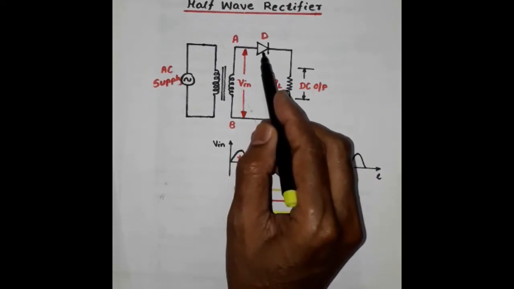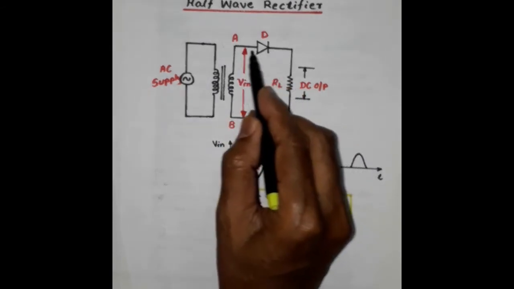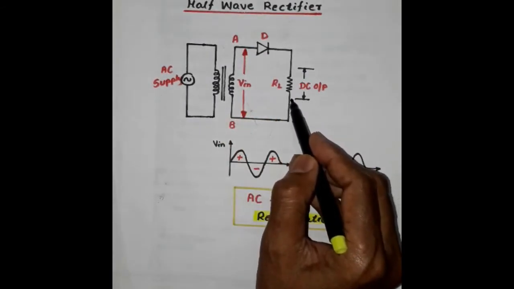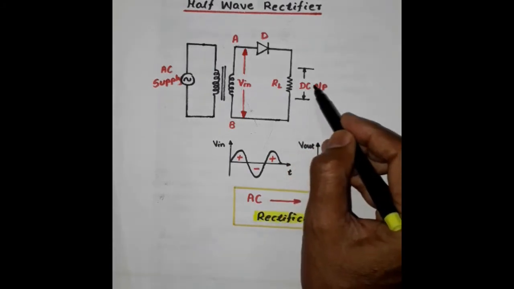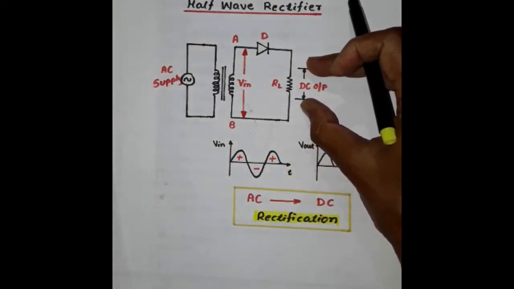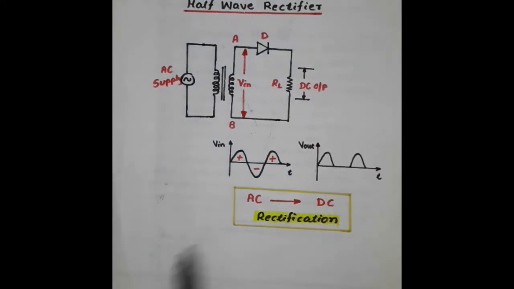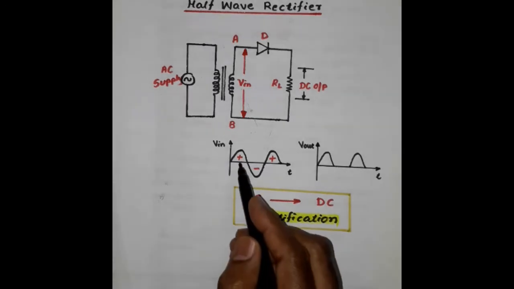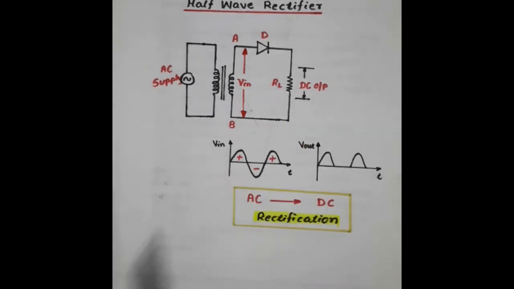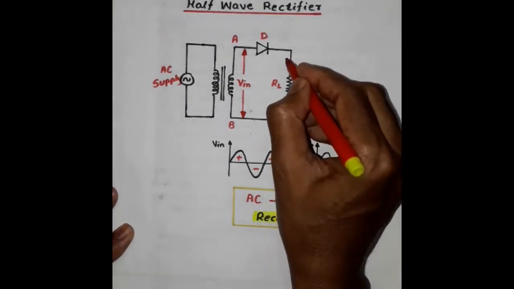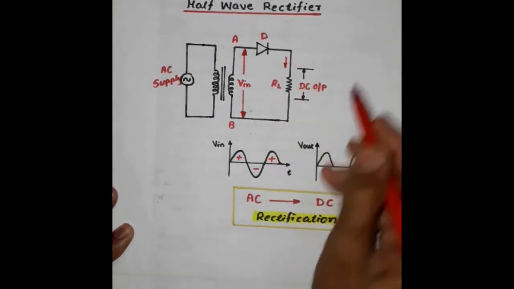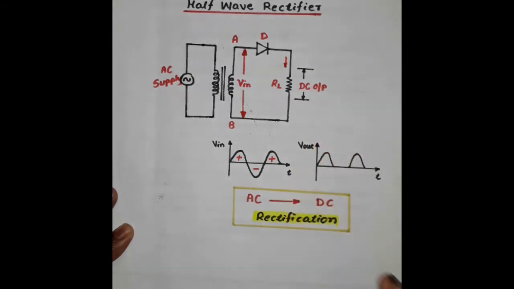Because of this, diode will be in forward bias, and hence it conducts current. Current flows through diode, current flows through load resistance RL, due to which we will get output voltage across the load resistance RL, which is shown here as output voltage.